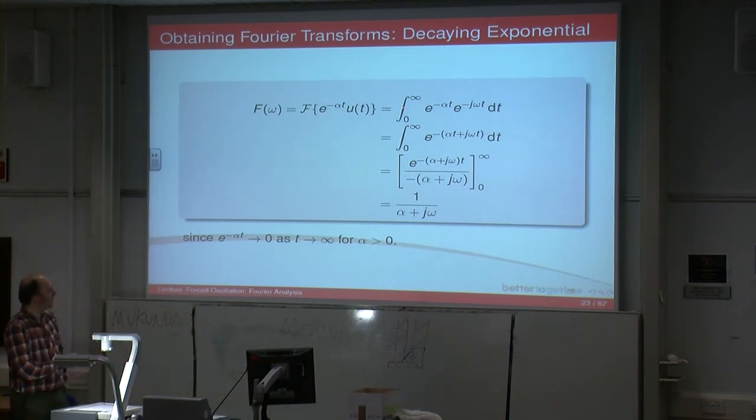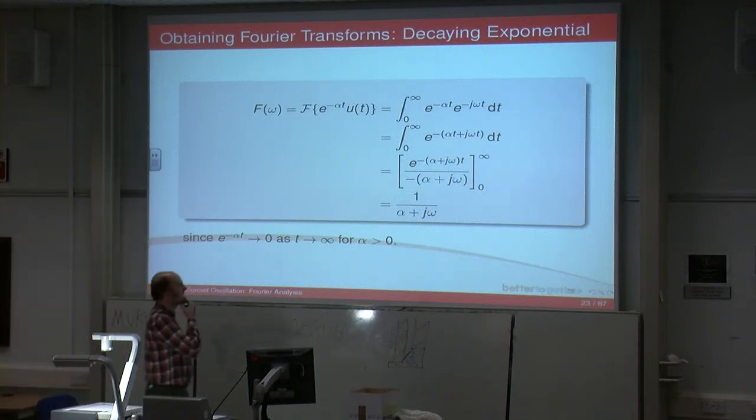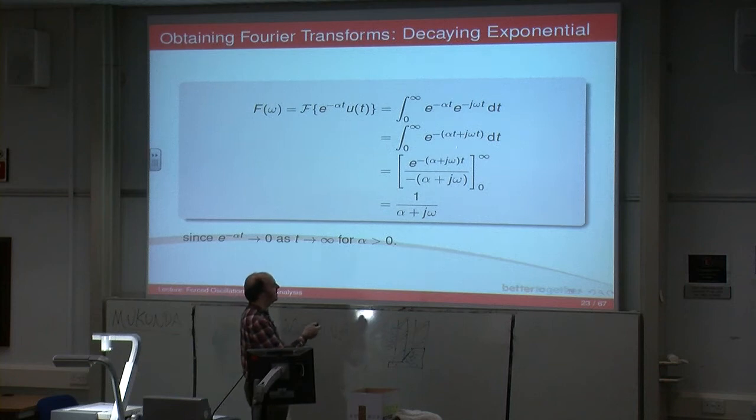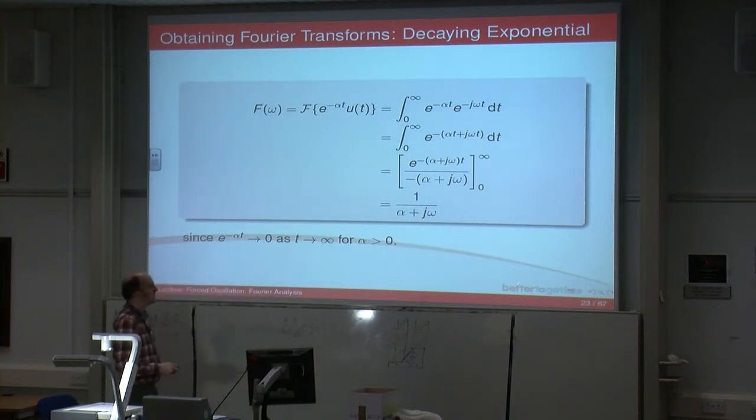This is relatively straightforward to solve. We've got two exponentials, and obviously you can combine those powers. Then you integrate. We know how to integrate an exponential, it's quite nice and straightforward. You get the same thing divided by whatever's multiplied by t up here, which is that bit there, between 0 and infinity.